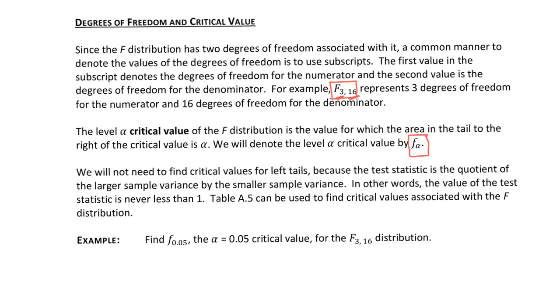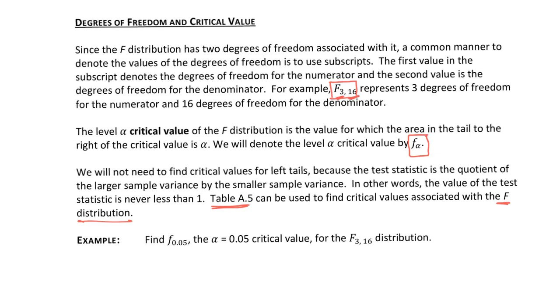Remember, the value of the test statistic will never be less than 1, so we do not need to find critical values for the left tail, because the test statistic is the quotient of the larger sample variance by the smaller sample variance. We can find the F distribution values from table A5.